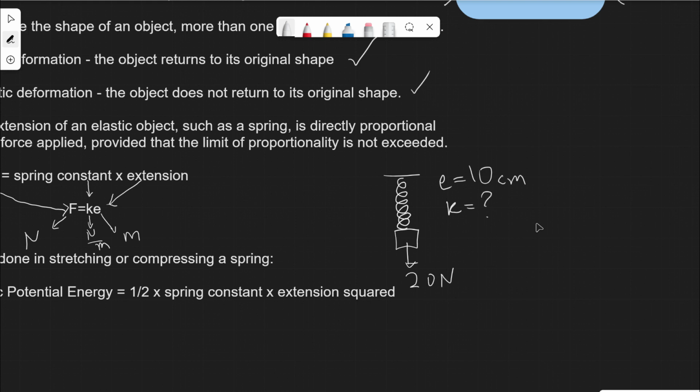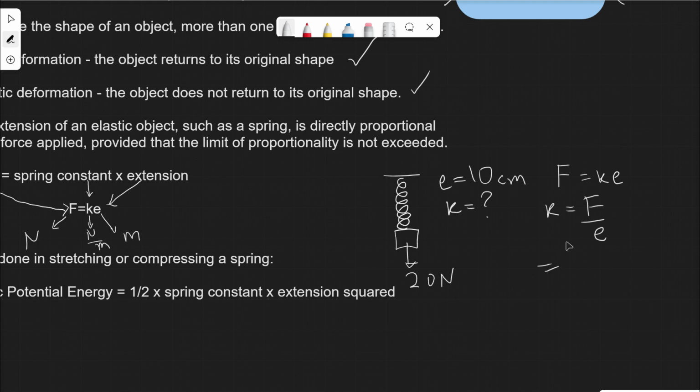The first thing that we need to do is take this equation and just rearrange it for K. Because F is equal to K times E, rearranging for K, making it the subject of this equation for our spring constant, this will be equal to the force divided by the extension.